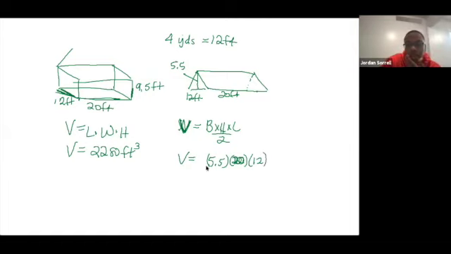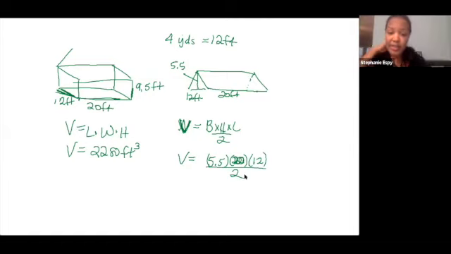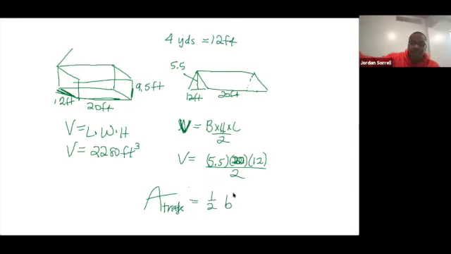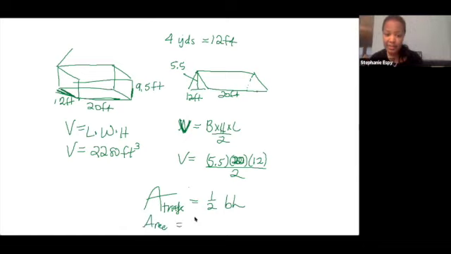Why were you dividing it by 2? Well, that's the equation for the triangle. Remember, the triangular prism is like half of the rectangular prism. You know what the area of the triangle is? 1/2 base times height. The area of a rectangle is base times height.